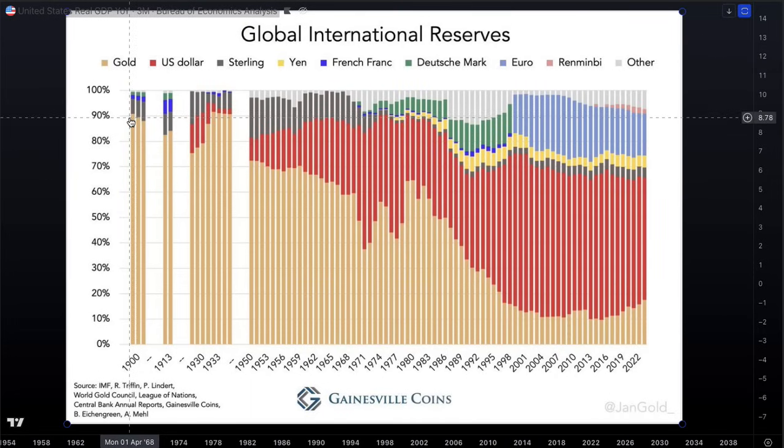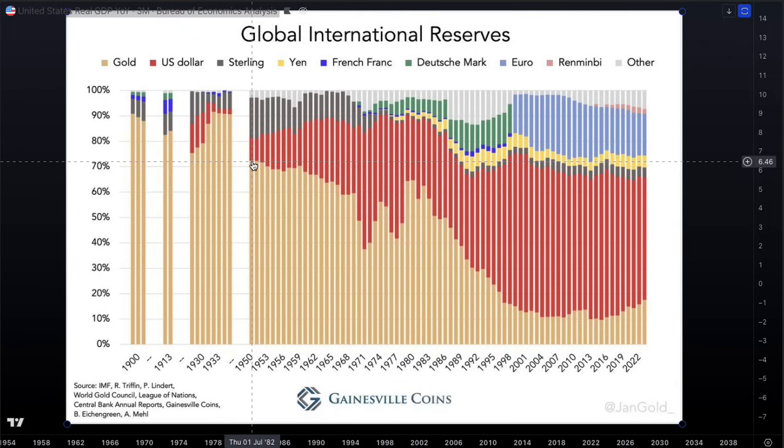And what we can see, look at the gold bars. You can see that they made up a huge share of these global savings. This starts in 1900, going all the way through to the Second World War. Gold made up like 85, 90% of these total global savings. What happened after World War II? It dropped dramatically, right?